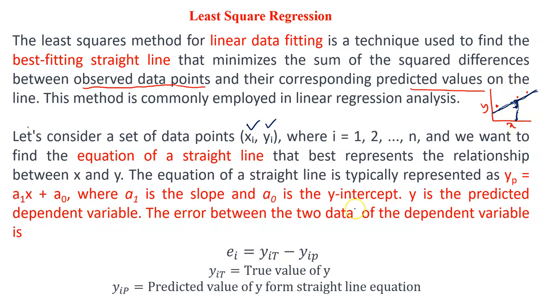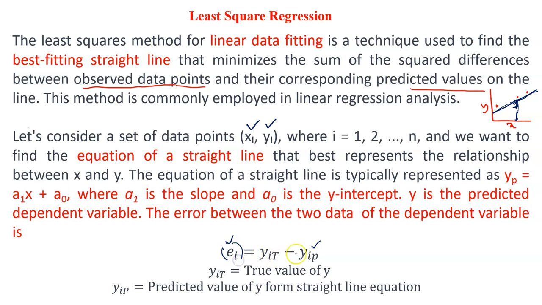Now we already know the error between the two values of the corresponding variable is ei. Ei is equal to yi, that is the true or observed data point, minus yip, that is the predicted data point. After getting the straight line equation, we can easily get yip. Our target is to minimize that error.